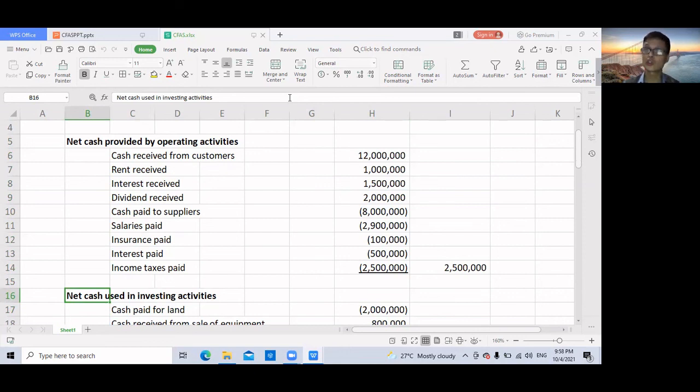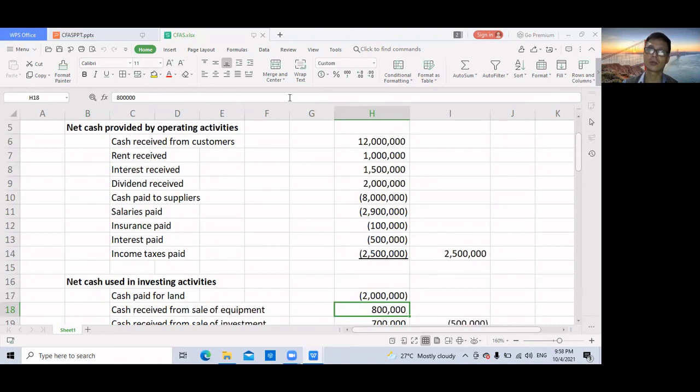Now, when it comes to net cash used in investing activities, please take note of the verb. Here it's used, while earlier it was provided, because normally, when you say provided, your balance increases. Here the balance decreased, so used. Normally when they buy land, for 2 million, that is a deduction from their cash balance coming from their investing activities. Cash receipts from sale of equipment, so that's an addition.